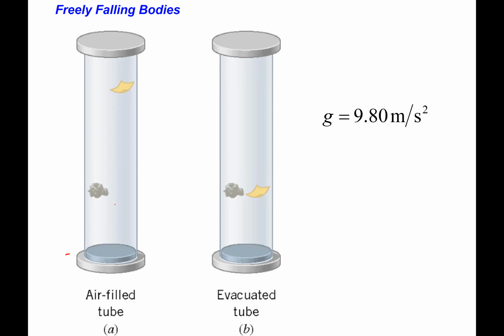But if I have an evacuated tube, or a vacuum, where there's no air, then we notice that the heavier object and the lighter object, every object, falls to the earth at the same rate. So that is the acceleration due to gravity, which is 9.8 meters per second every second, which is 9.8 meters per second squared.